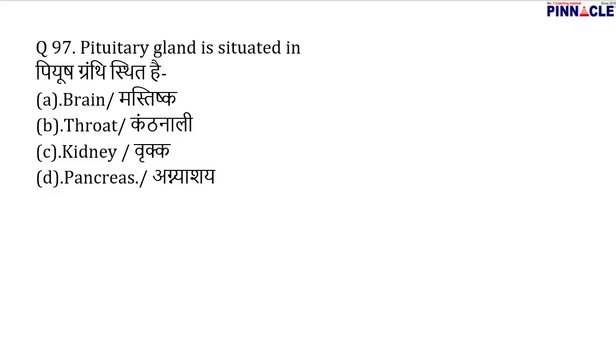Now question number 97, we have pituitary gland is situated in. So we have a number of endocrine glands present in our body, and the pituitary gland is also a type of endocrine gland, and it is basically present in the brain. Okay, it's a pea-sized structure which is located at the base of the brain, and it is sometimes called the master gland.